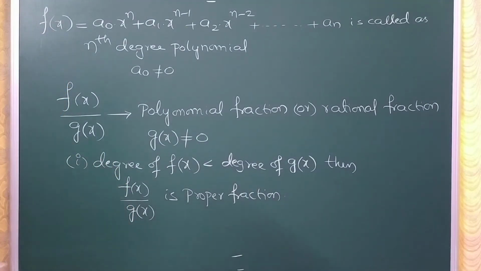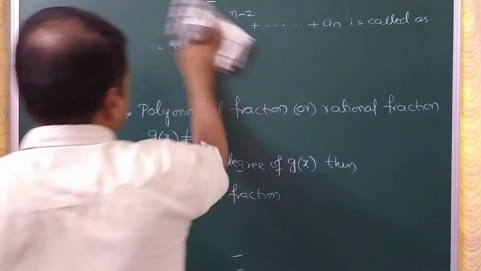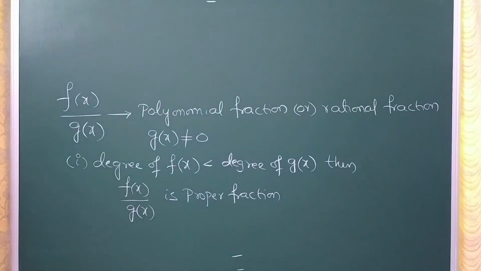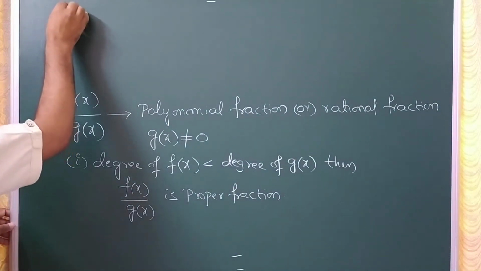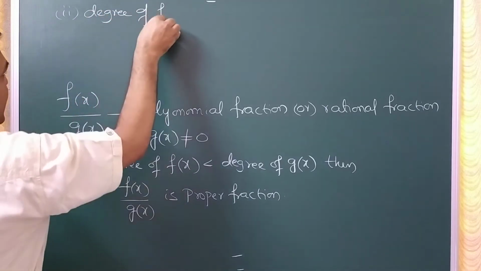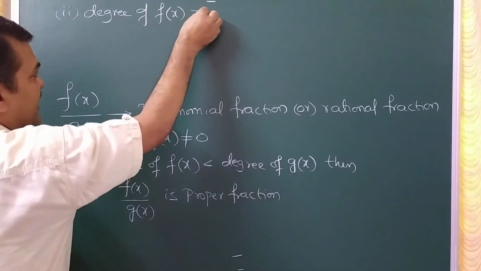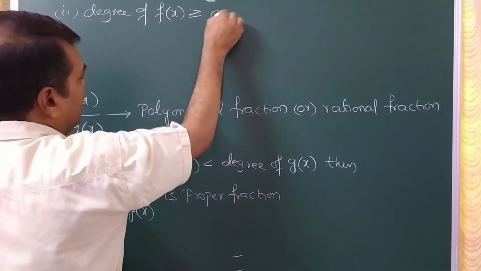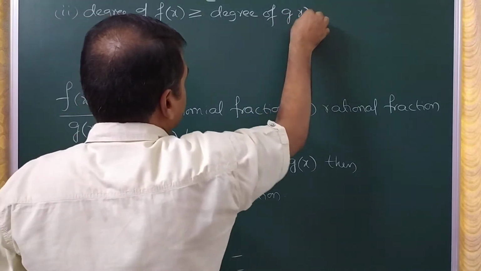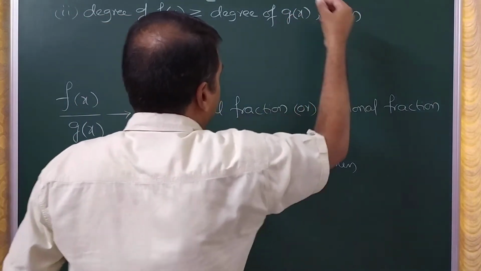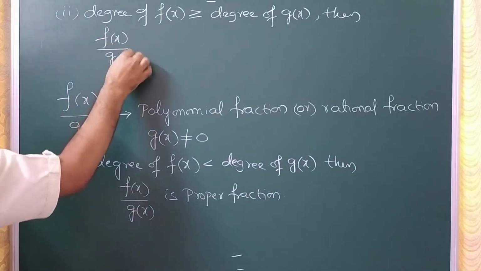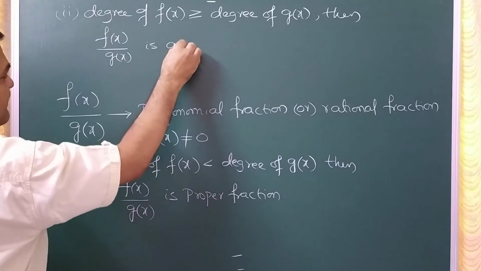Okay, so even that I will write. What is the second case? The second case I am going to write here is, if the degree of f of x is either greater than or equal to the degree of g of x, then f of x by g of x is called an improper fraction.